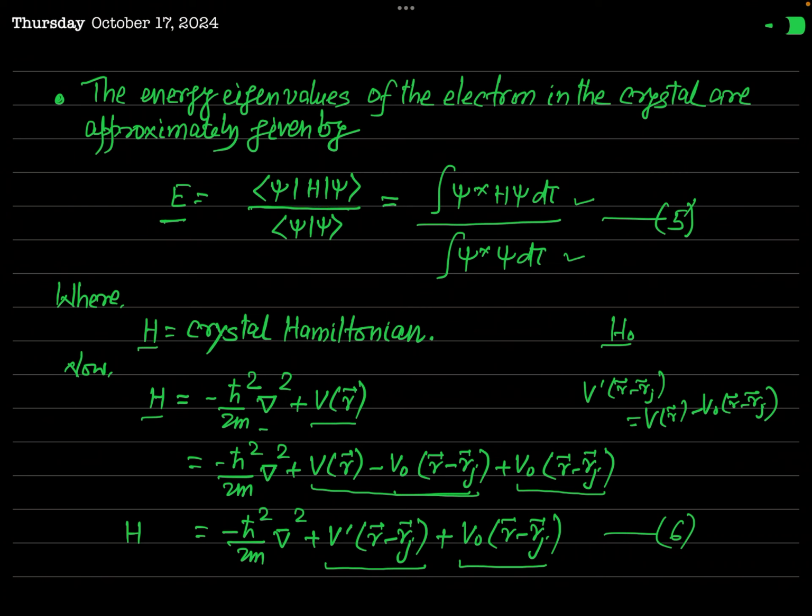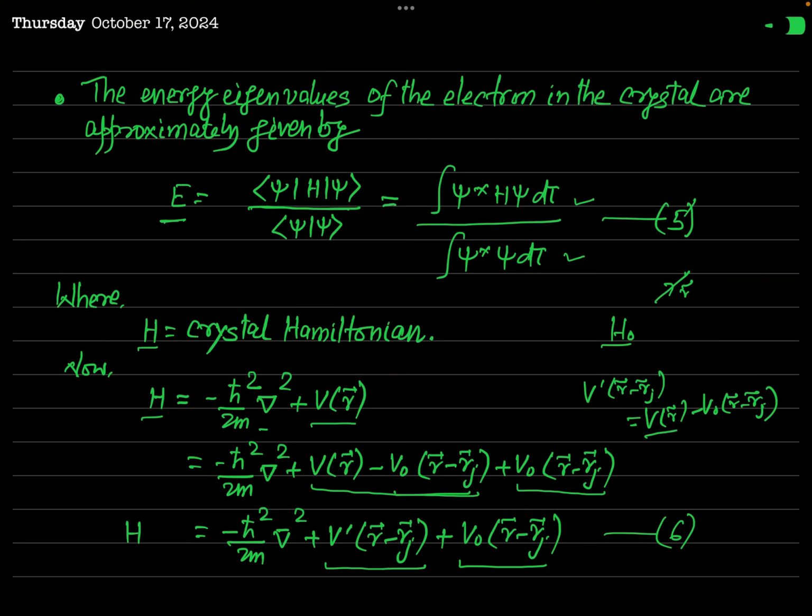So this V dashed of r minus Rj represents the potential energy of the electron in the crystal at a point whose position vector is r, minus the potential energy of the electron at the same point r where there is only a single atom, located at Rj.